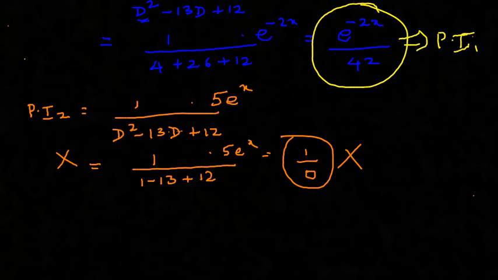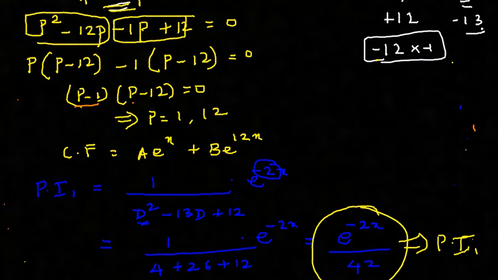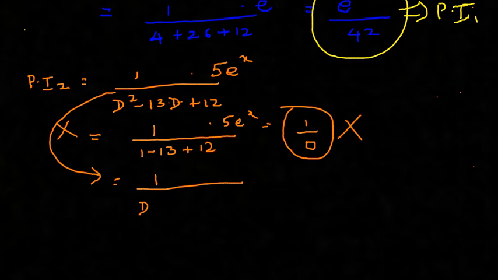So what we're going to do is write this equation as, remember in our sum and product how we split this equation, p minus 1 into p minus 12. Let's write it the same way as d minus 1 into d minus 12 into 5 e power x.